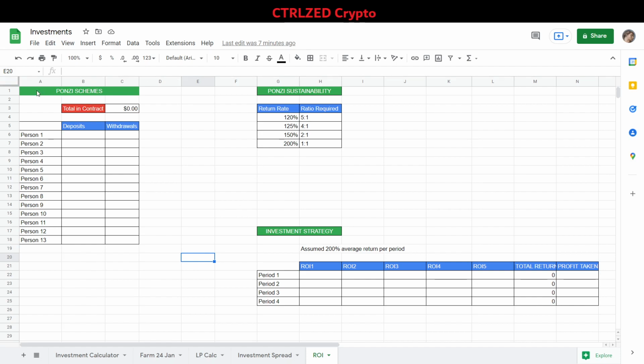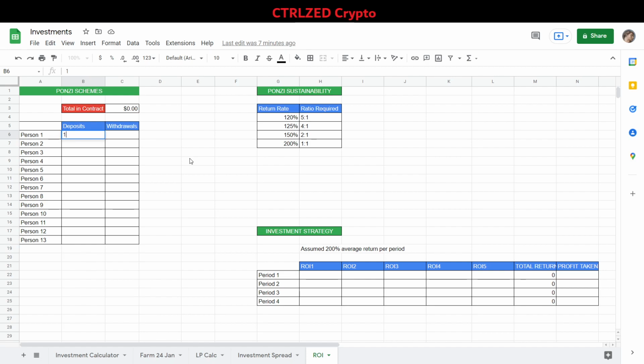So I'll just point you over to this area of the spreadsheet here. Essentially, let's break down a Ponzi scheme and how it works. So for here, we'll assume a Ponzi scheme that says if you invest in this scheme, I will give you 20% return. So 120% of your initial investment after a certain period of time.